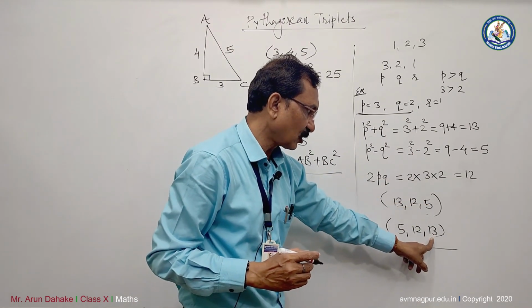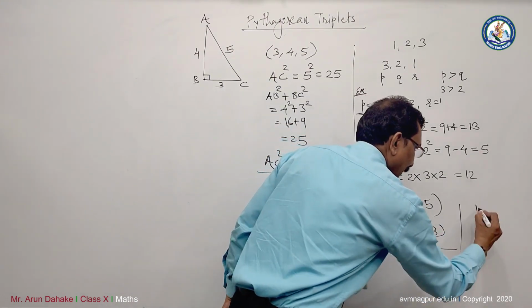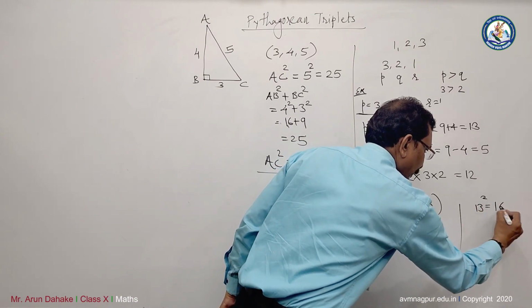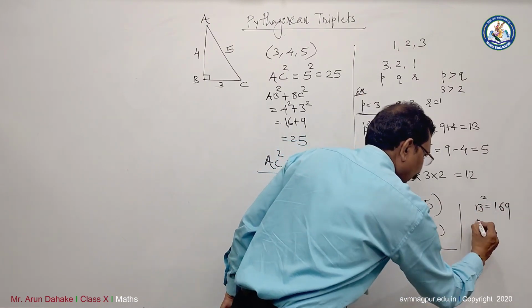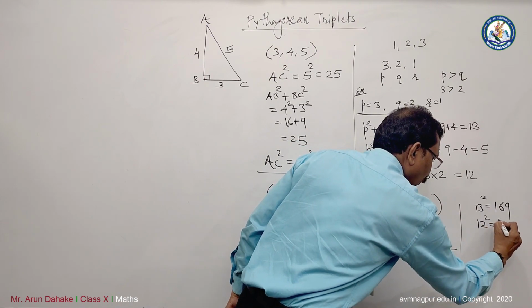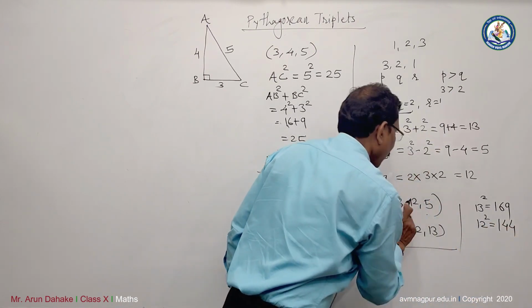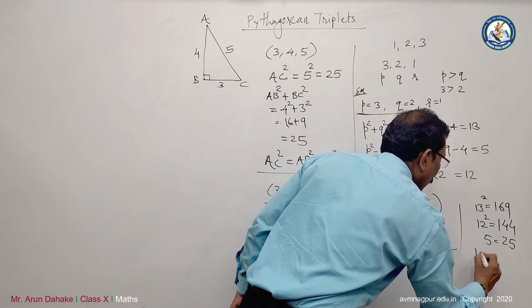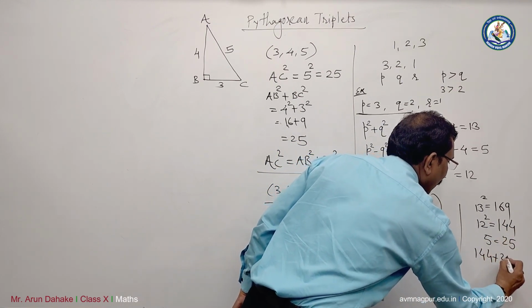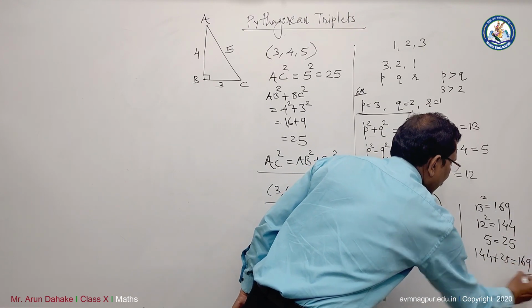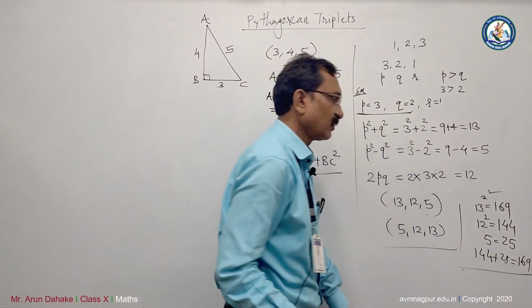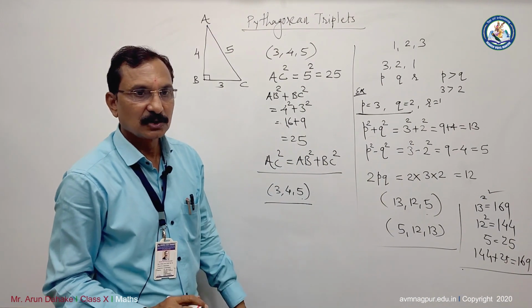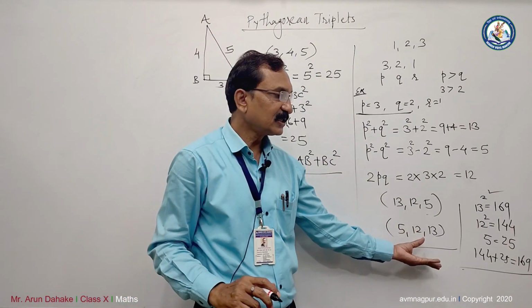Check whether it is correct. 13 square is 169, 12 square is 144, and 5 square is 25. 144 plus 25 is equal to 169, which is nothing but the hypotenuse square, equal to 169.